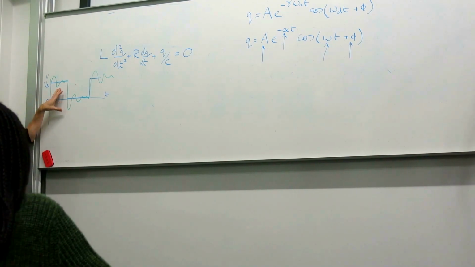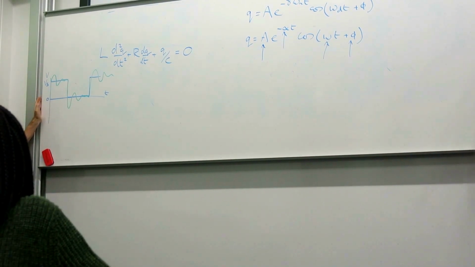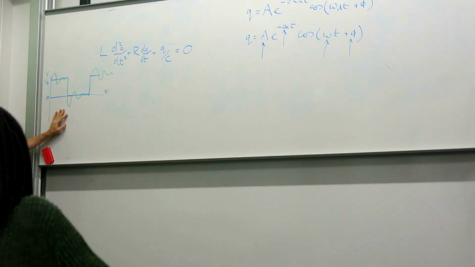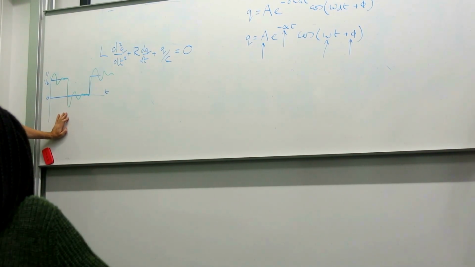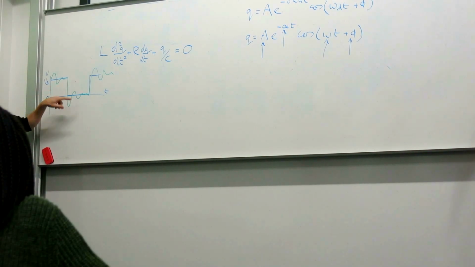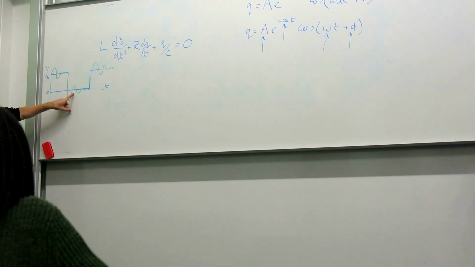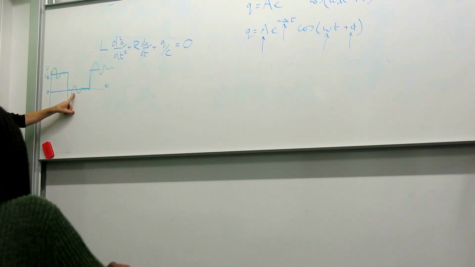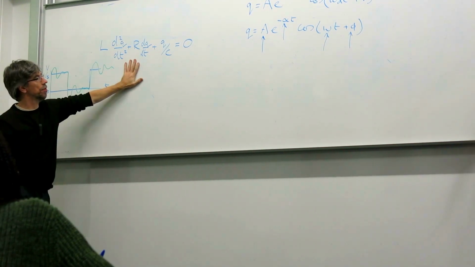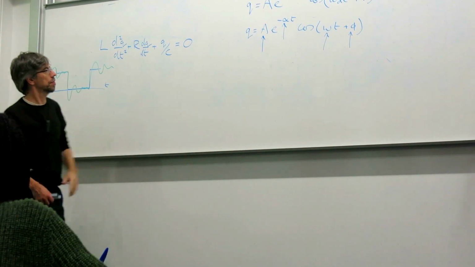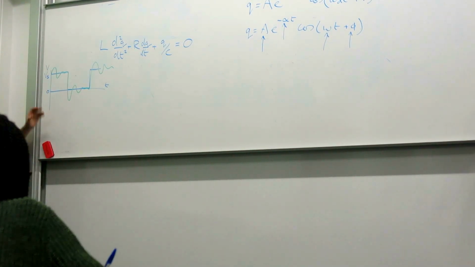effectively by giving the system a new, what's the word I'm trying to find? Equilibrium. Giving the system a new equilibrium point. So when it's either side of 0, this is the equation we want to solve with the 0 on the right hand side.